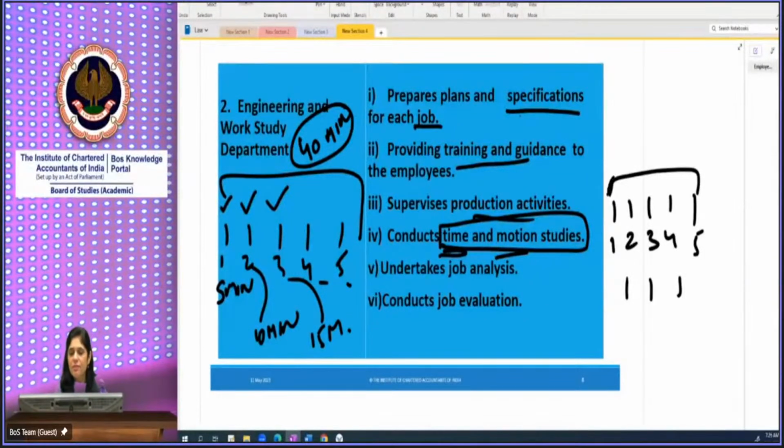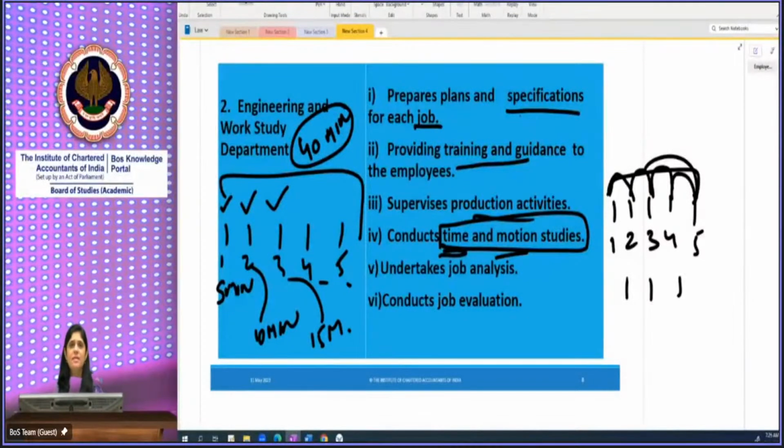So this activity goes first, and then this, and then this, and then again this comes, and again this comes. So they will monitor why so many activities. They organize the activities in such a way that they find out the best method to do a job, the best method. That is the objective of a motion study.